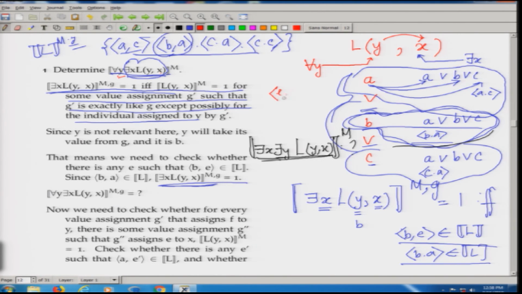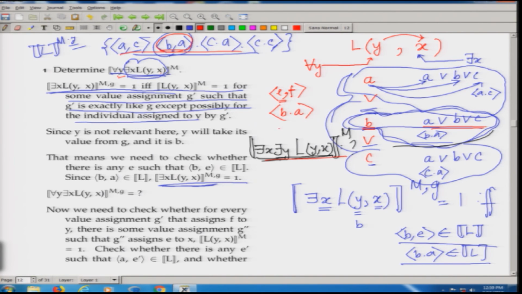If the general pair is EF, then at least one value of E and one value of F must be such that EF belongs to L. Because it is just at least one value, B does satisfy this, because BA is part of it. You have actually checked the truth value just by checking one part, because automatically Y gets B, and then you know that BA is part of it.